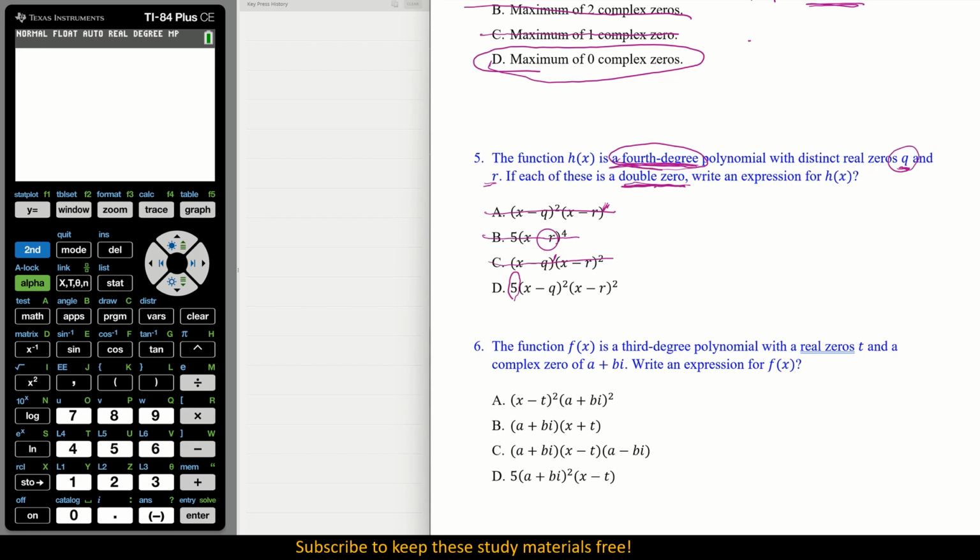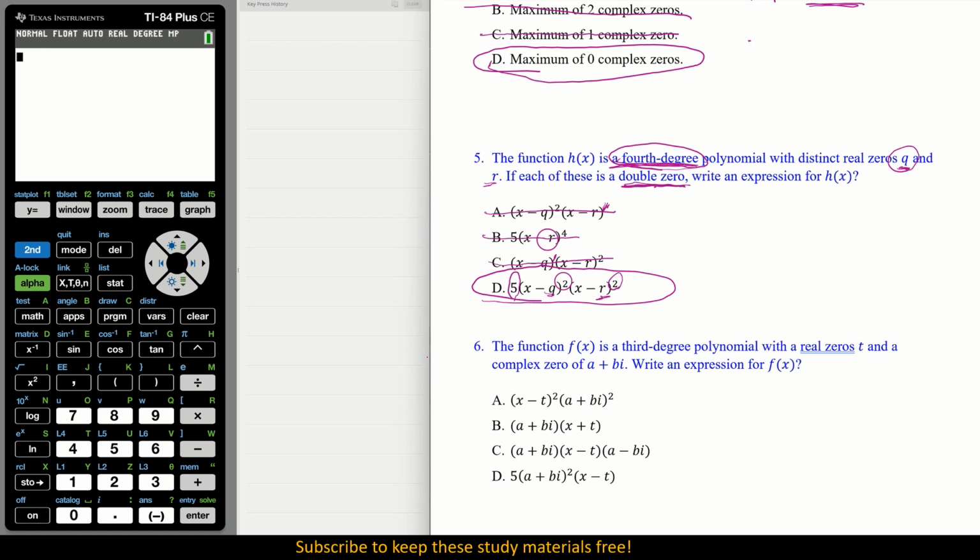That's just something you're going to factor in when you're done expanding this. It doesn't matter. What we need to look at is the parentheses. Well, we have Q, we have R, and our exponents 2 plus 2 equals 4. That means we have fourth degree. D is the only option that we can have. Okay, it is correct.